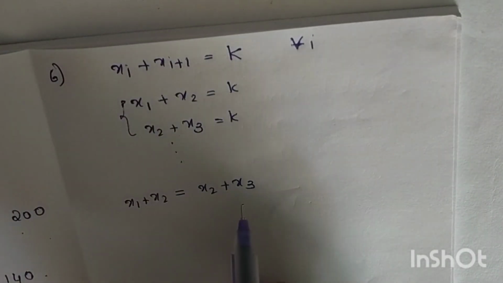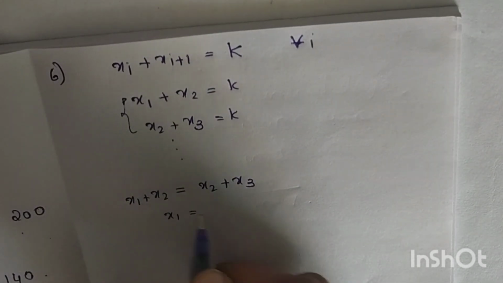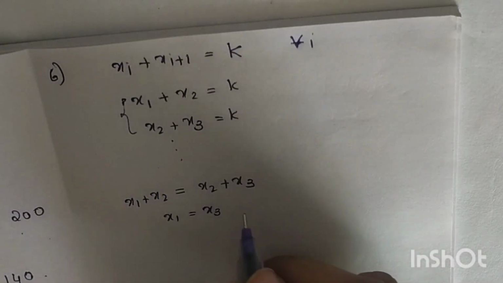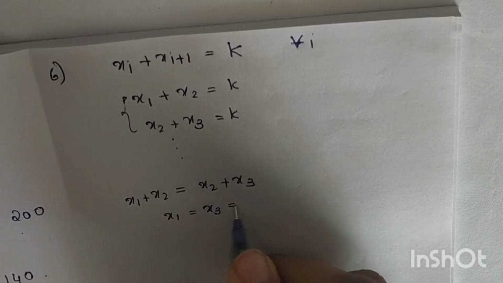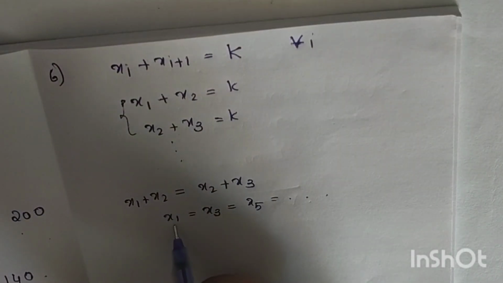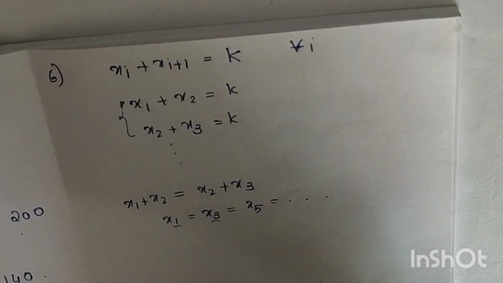So on both sides we have x2, so x2 can be cancelled, which implies x1 equals x3. In a similar way, if we take the next two equations, we can say that x3 equals x5, and so on. So the odd integers, the suffixes which are odd numbers, will be the same.